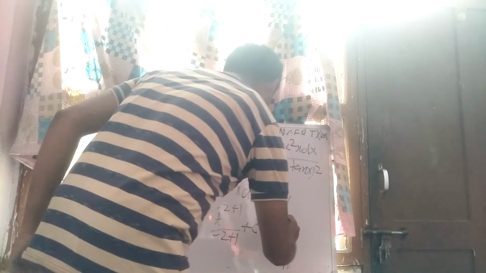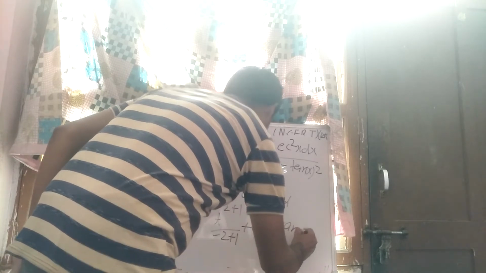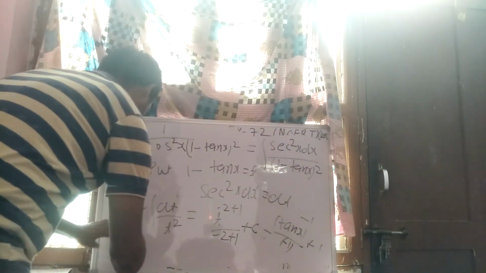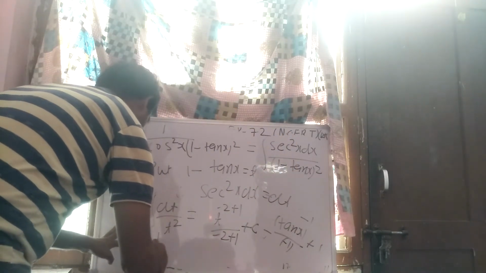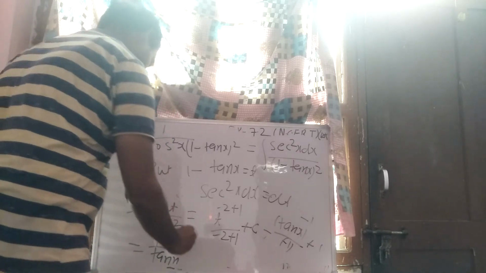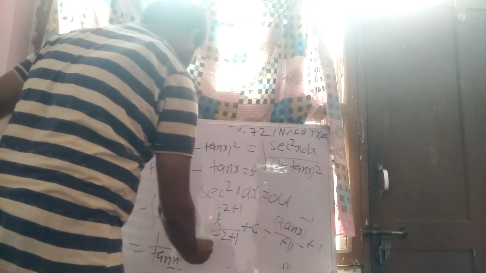T is 1 minus tan x. So this is 1 minus tan x power minus 1 upon minus 1 plus c. So minus minus plus. So this is 1 upon 1 minus tan x plus c.